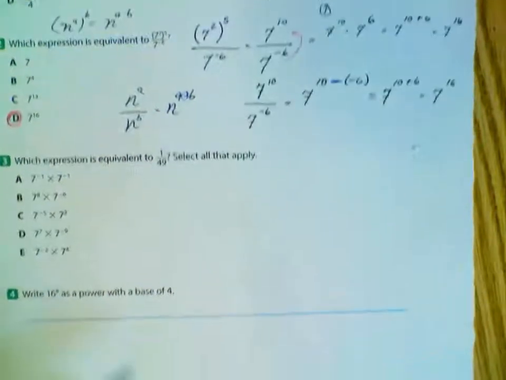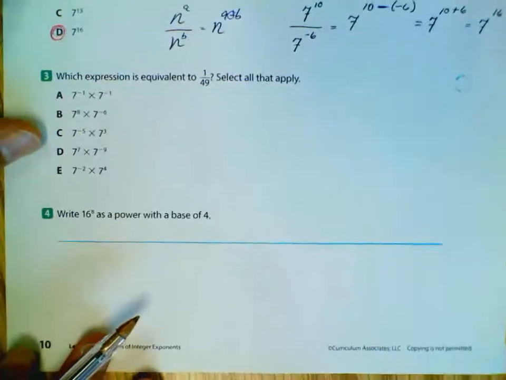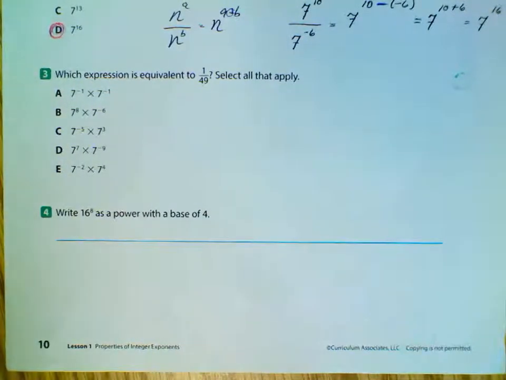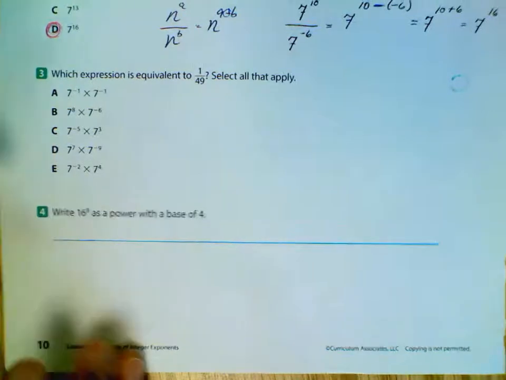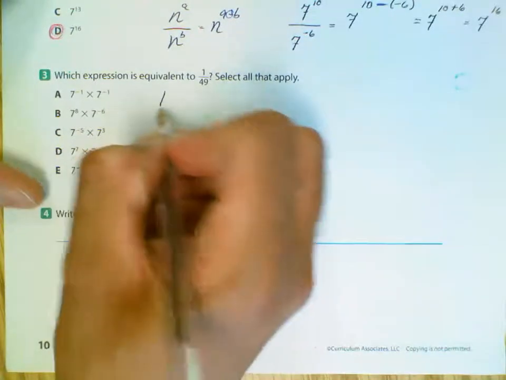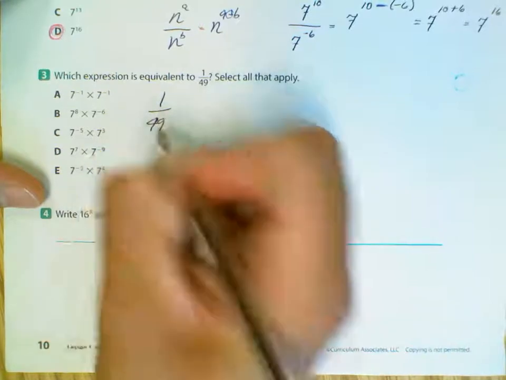Problem number 3. Which expression is equivalent to 1 over 49? Select all that apply. Okay, so in this case, I have 1 over 49.